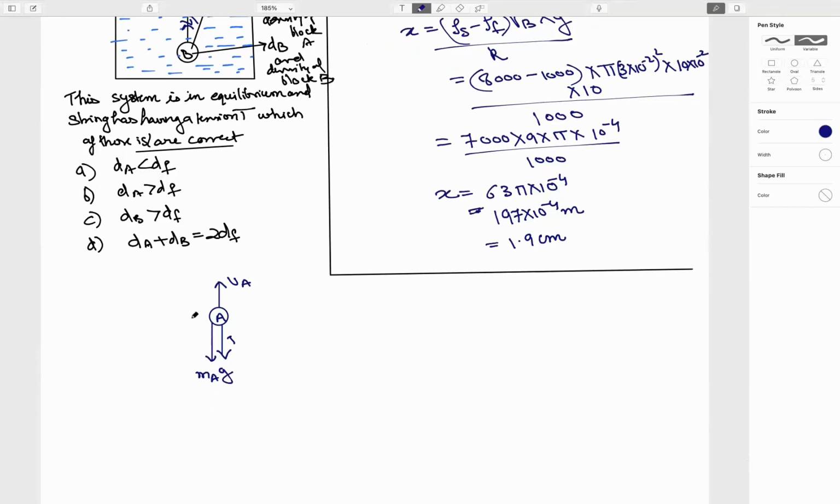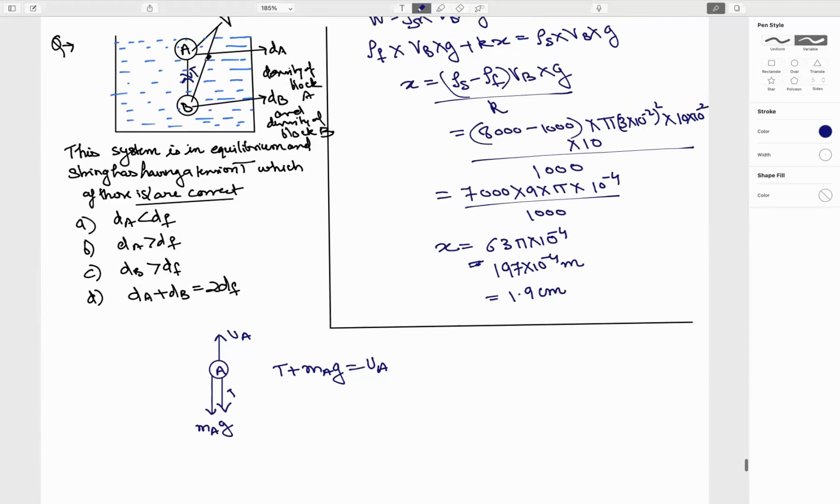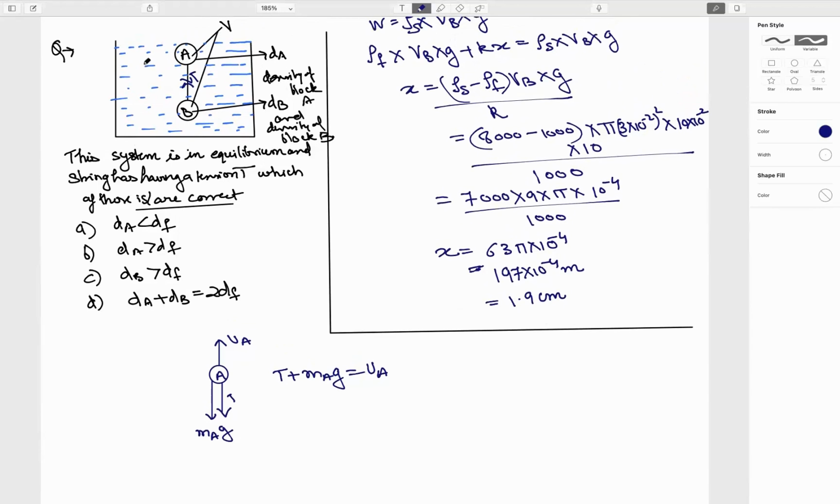So the equation is T plus mA into g is equal to the upthrust on A, and it is completely inside the water. The system is at equilibrium, so net force is 0.